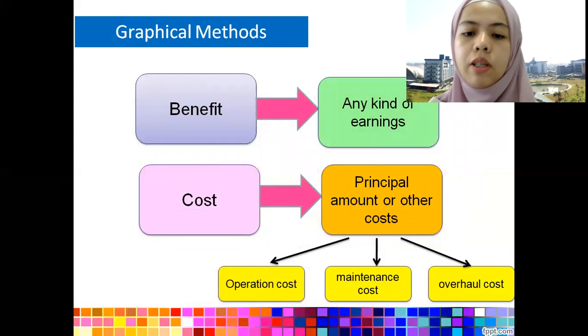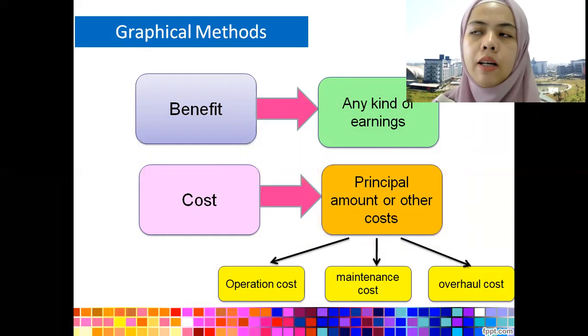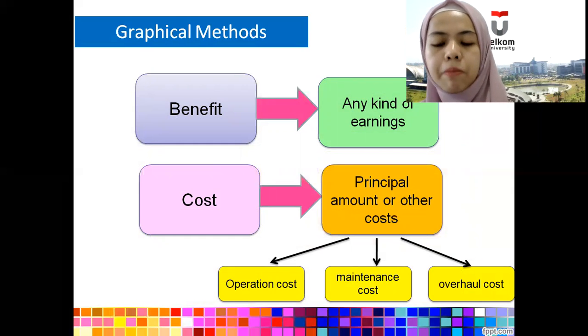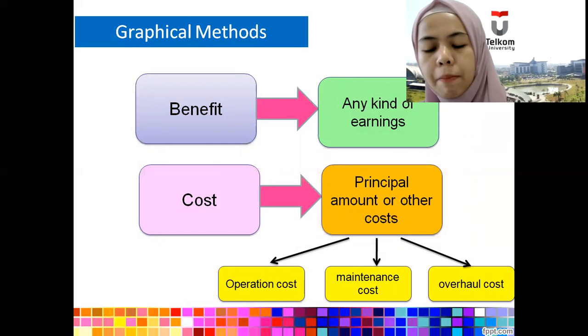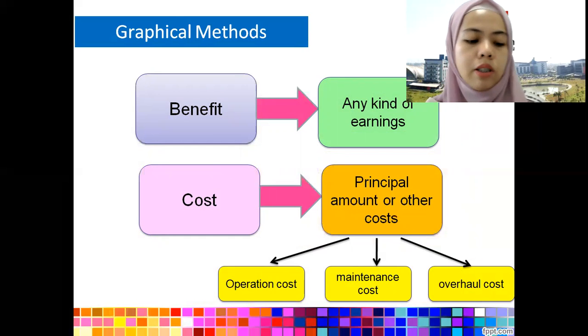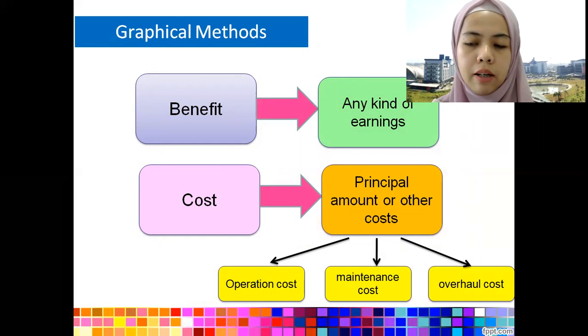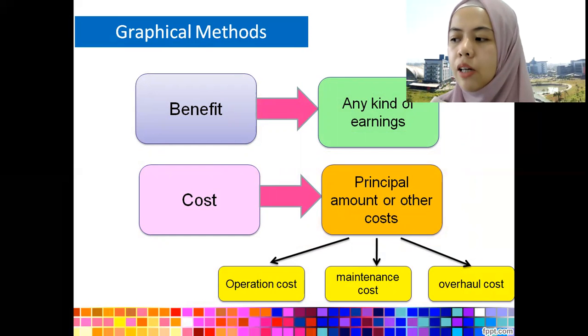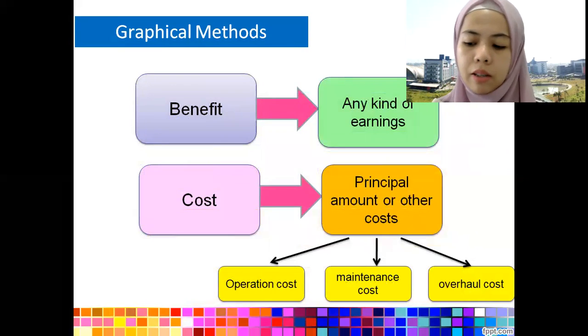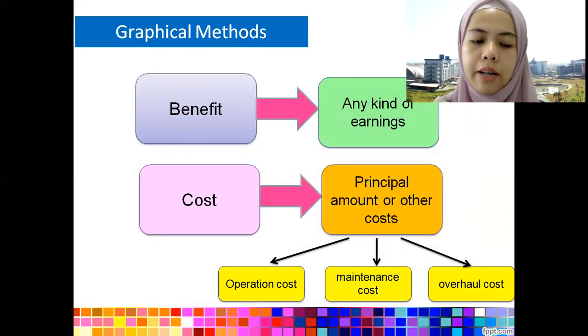And for cost, the negative one will include many cost types, just like operational costs, maintenance costs, and overhaul costs. The operational cost is just like a regular cost, where we incur some money to pay something regularly, just like paying taxes, paying electricity bills, paying telephone bills, and everything which we regularly incur that money.